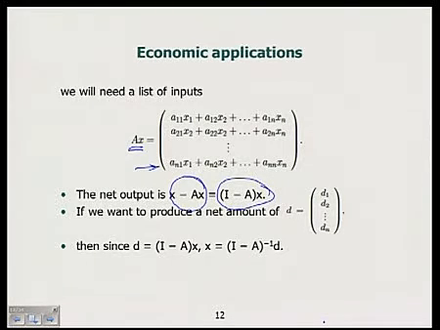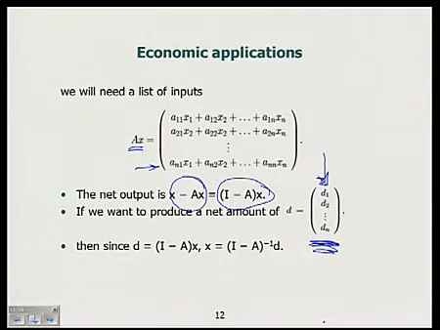If we want to produce a net amount of d, this element here is a column. These are our parameters here.